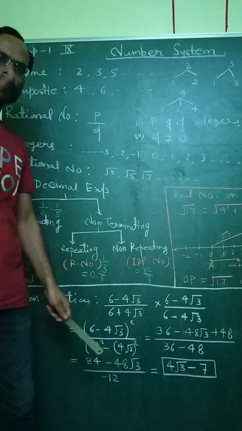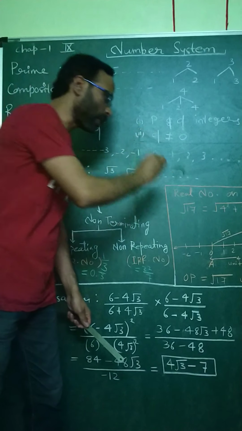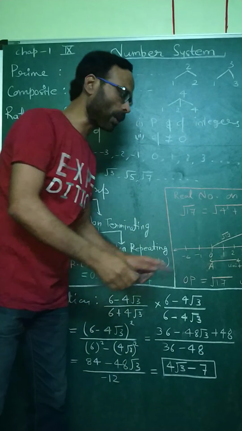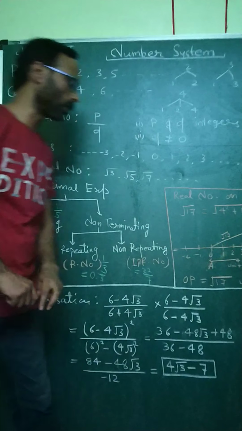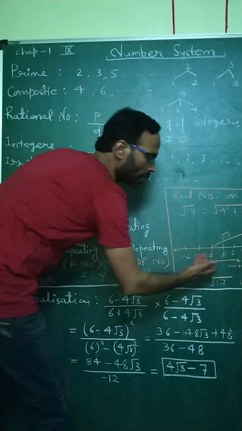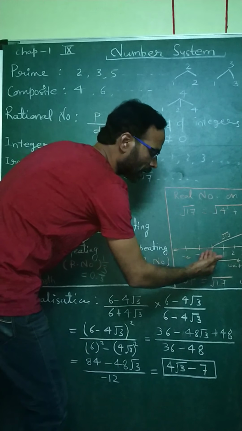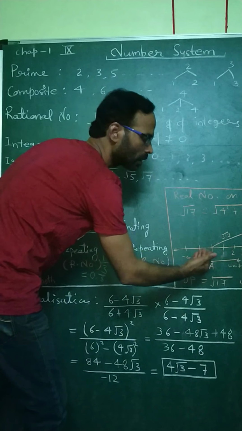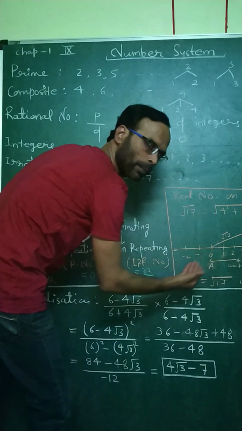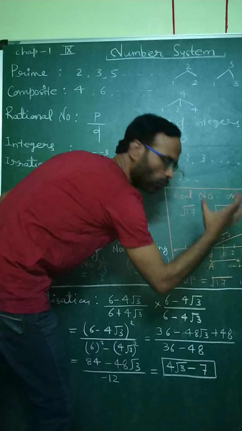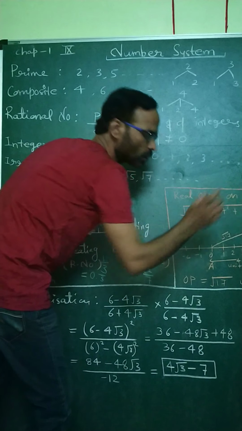Through a simple way you can't represent it on a number line, so you have to follow these construction steps, this procedure. Here I took a number line and marked integers on it. Now one side of the right triangle you consider as the base. So the base we will take 4 and the perpendicular as 1.